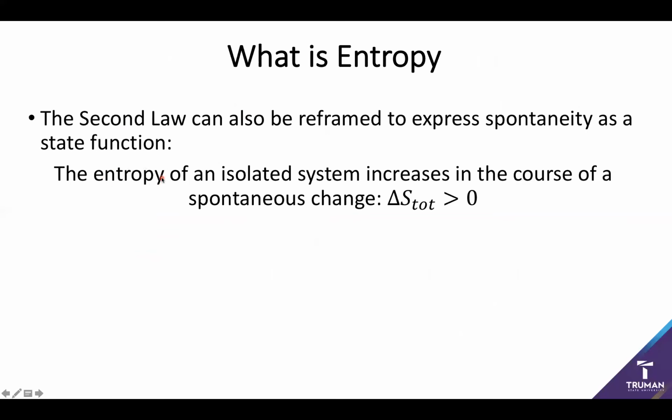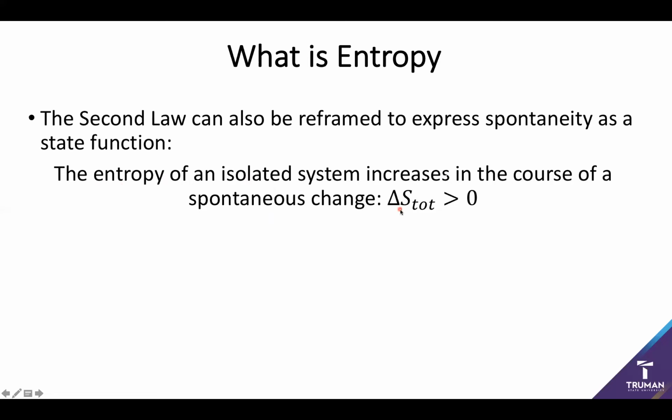And we can essentially define entropy in a different formulation of the second law, simply that the entropy of an isolated system is going to increase in the course of any spontaneous change. And this is pretty much our definition, that in order for something to occur, the entropy of the isolated system has to increase.